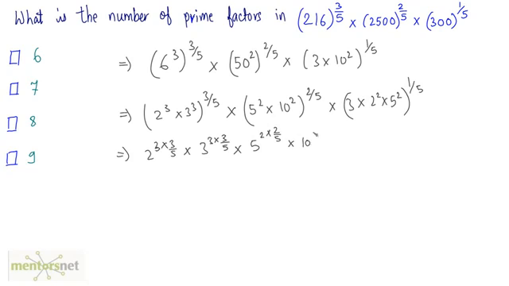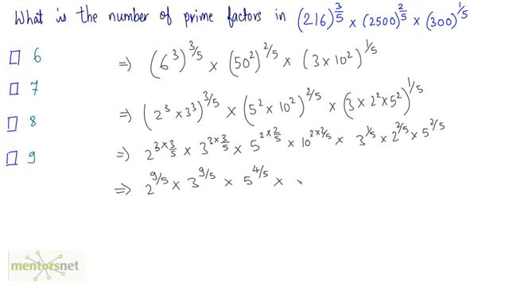So 10 raised to 2 times 2 by 5 times 3 raised to 1 by 5 times 2 raised to 2 by 5 times 5 raised to 2 by 5. So this is equivalent to 2 raised to 9 by 5 multiplied by 3 raised to again 9 by 5 multiplied by 5 raised to 4 by 5. 2 times 2 is 4 multiplied by 10 can be written as 2 times 5.